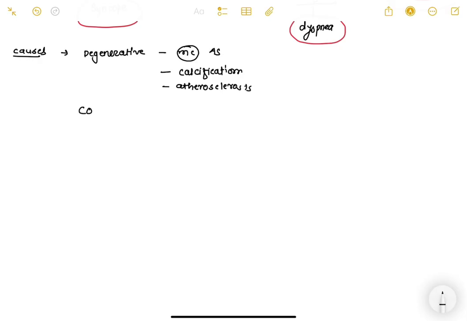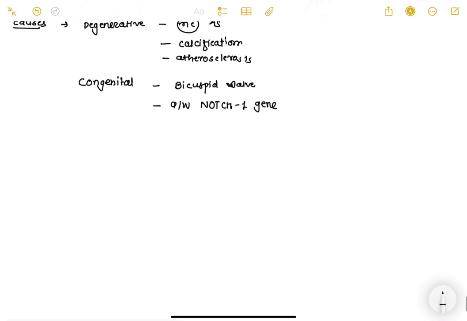Second is congenital. If there is a congenital bicuspid valve, it is associated with the Notch 1 gene, which is an autosomal dominant disease. Next is rheumatic heart disease.